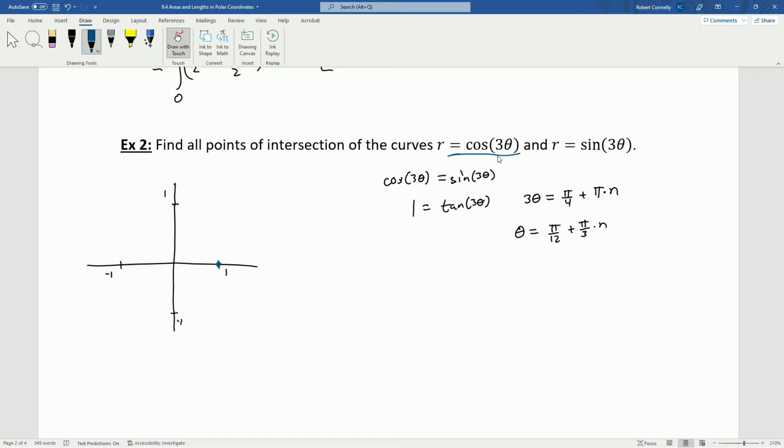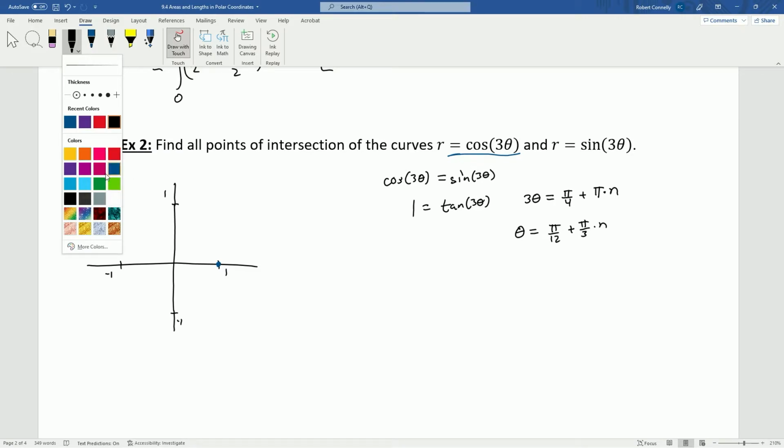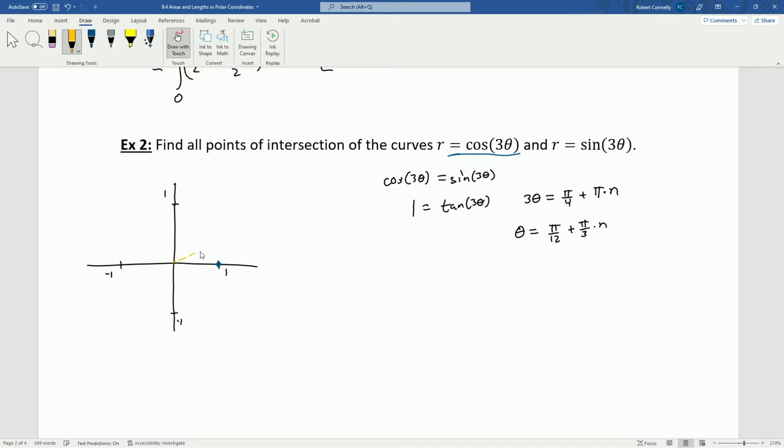So that's when theta is pi over 6. So we get 0 there. And, well, what happens then? Well, cosine becomes -1 when your input is equal to pi. So that would be theta equals pi over 3.